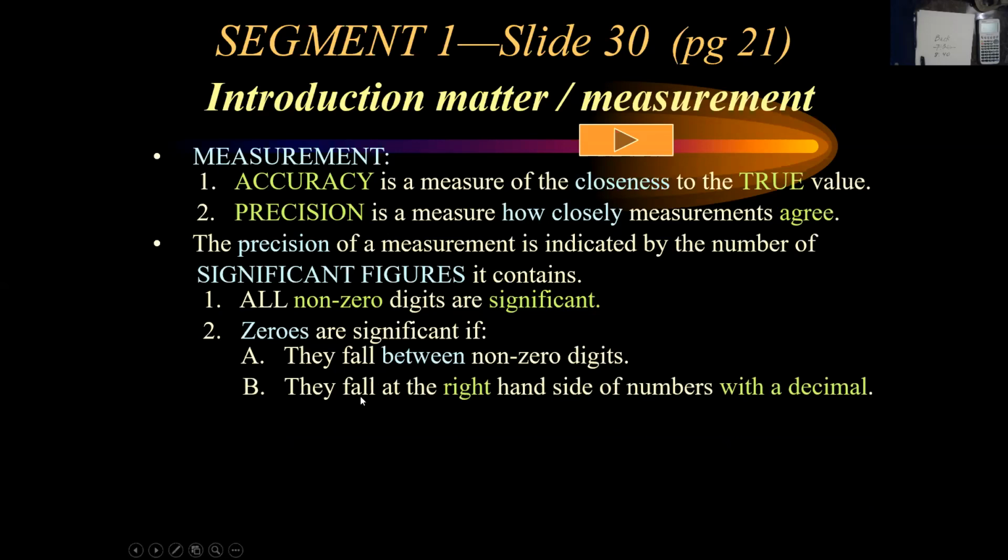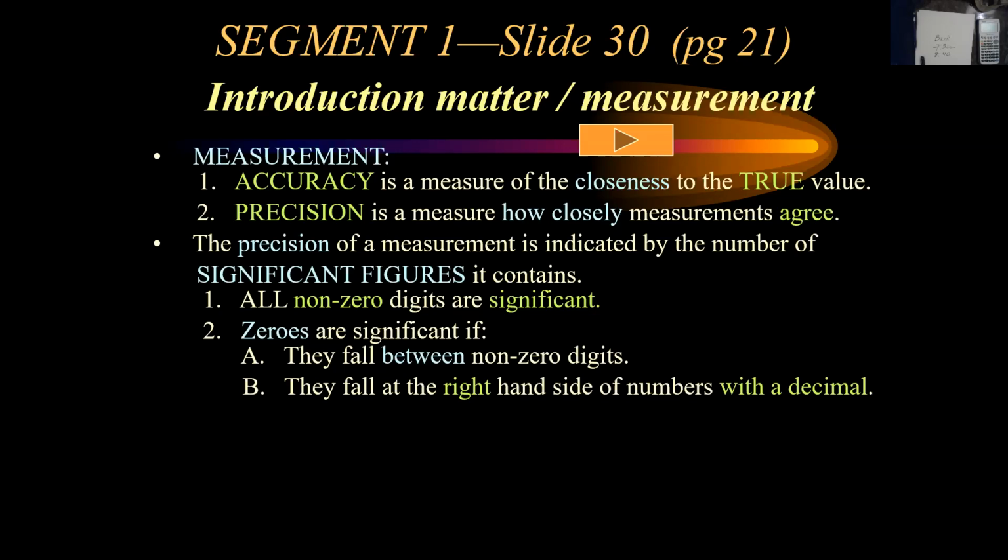Now, if it falls to the right of a number with a decimal, for example, 1.2 and 1.20 is really the same amount, same measurement, but they differ in, we added that 0 because if I say 1.2, that's 2 significant figures.